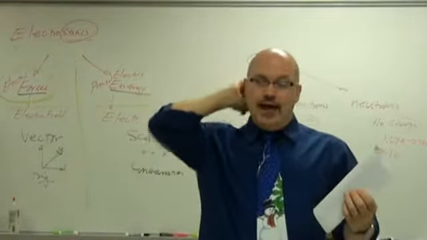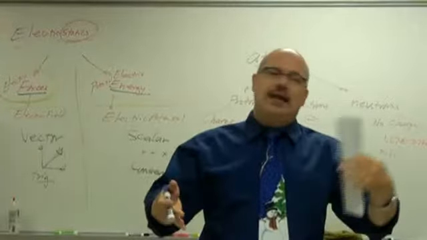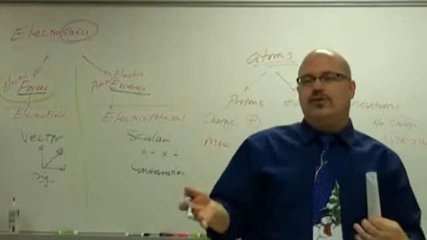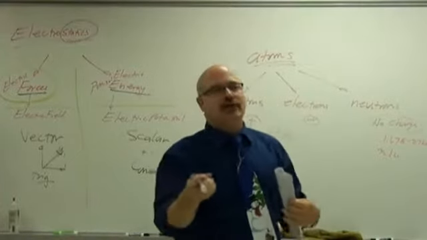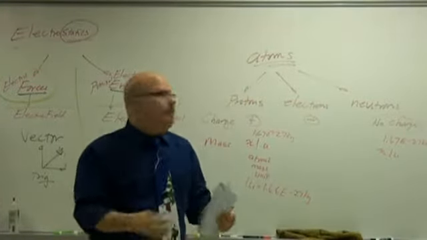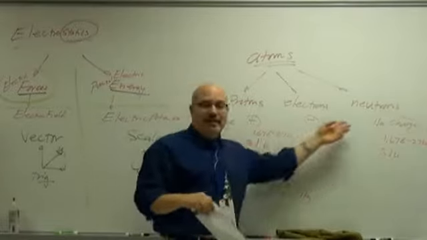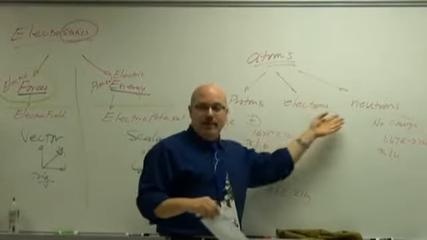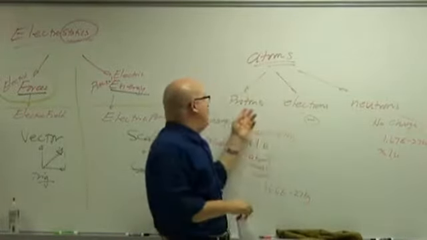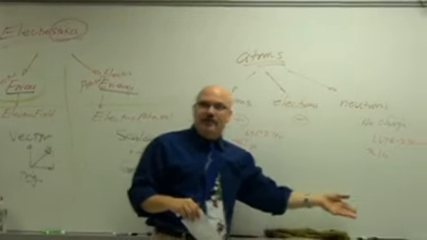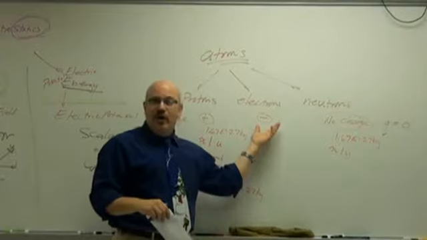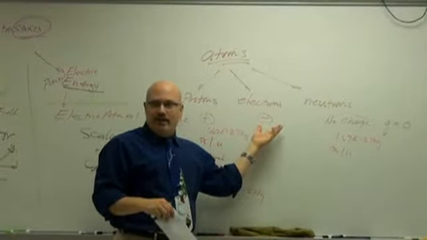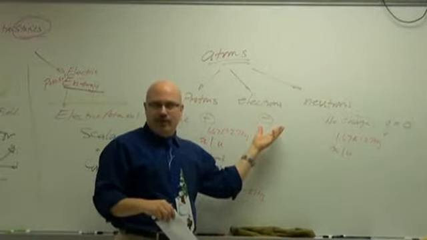Gold atoms were a certain size, lead atoms were a different size, and hydrogen atoms were a different size, but they were all as small as things would get. But then they found out that those atoms broke down into these 3 pieces, and then that protons and neutrons break down into smaller pieces still. Electrons, as far as we know, are it. They don't break down any smaller.